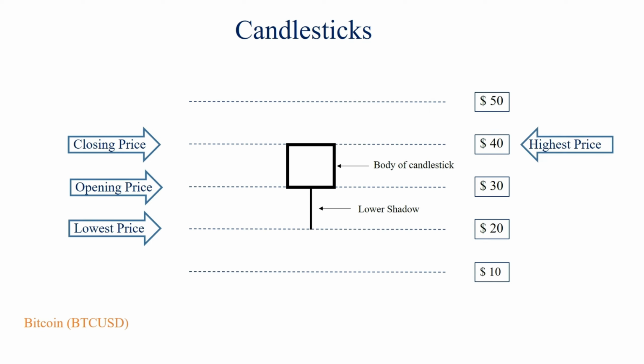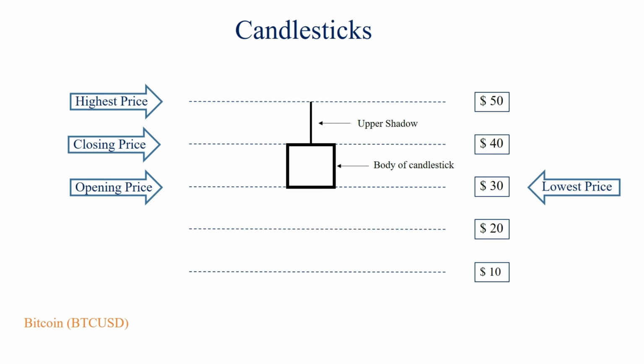And also, at some specific times, the highest price is the same as the closing price. In this case, there is no upper shadow, and the closing price and the highest price are the same value, and there is just a lower shadow.